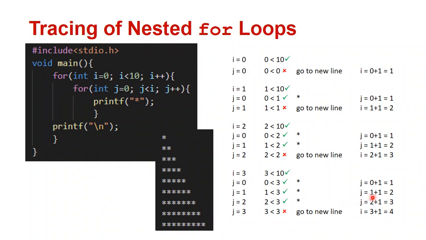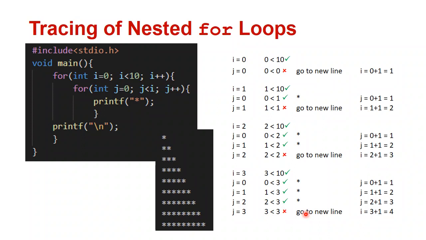Now j is equal to 1 plus 1, 2. 2 is less than 3. Again go through the printf statement, print a star, and again update j. j is equal to 2 plus 1, 3. Now j is equal to 3. i is also 3. So the condition is not satisfied. So it will go to the new line.